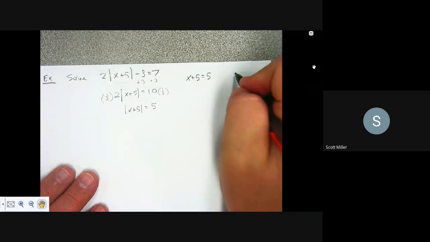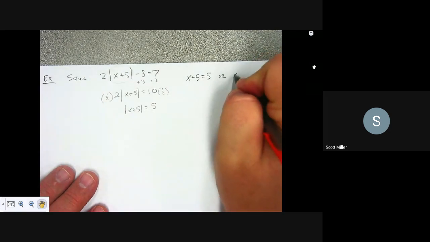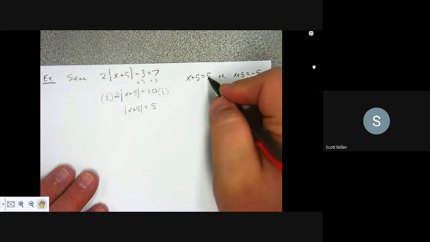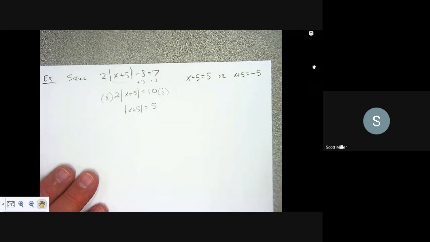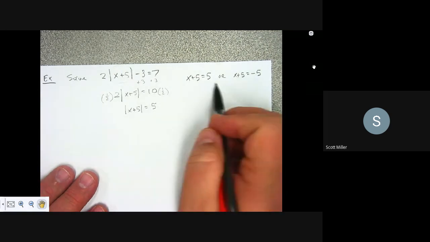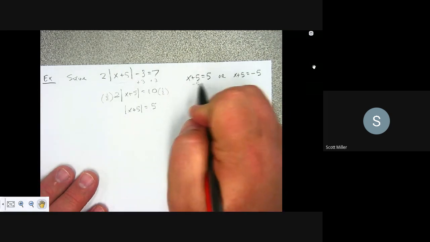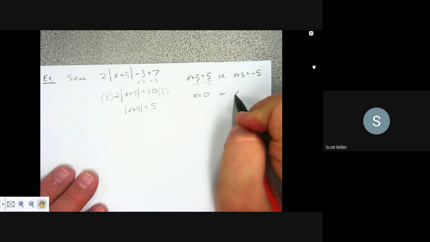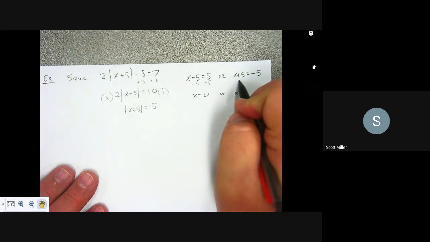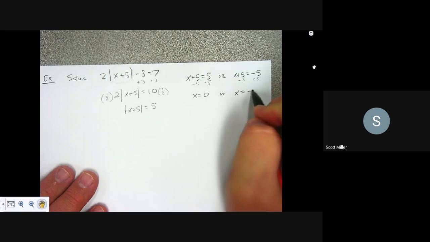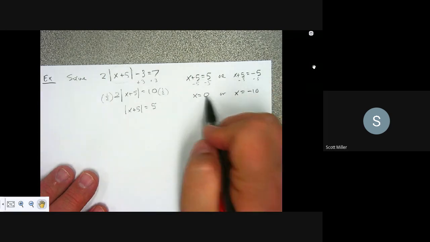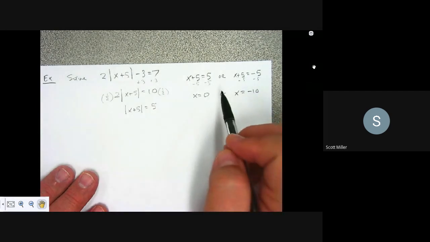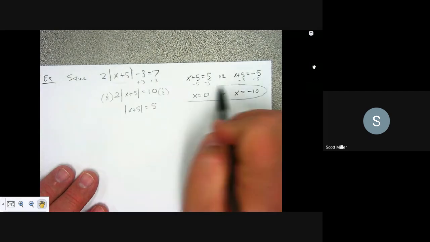Then drop the absolute value again, and the answer could also be negative. So this number will be positive, and then one will be negative. Solve each of these. So x equals 0, or x equals, again subtracting the 5, negative 10. You can take both these answers into the original and you'll see that you get a true statement. Those are your two solutions.